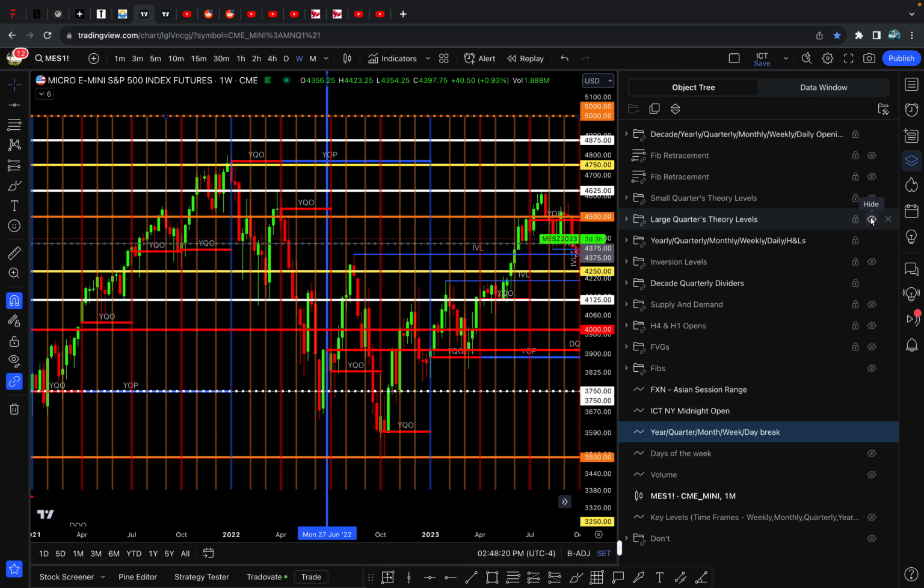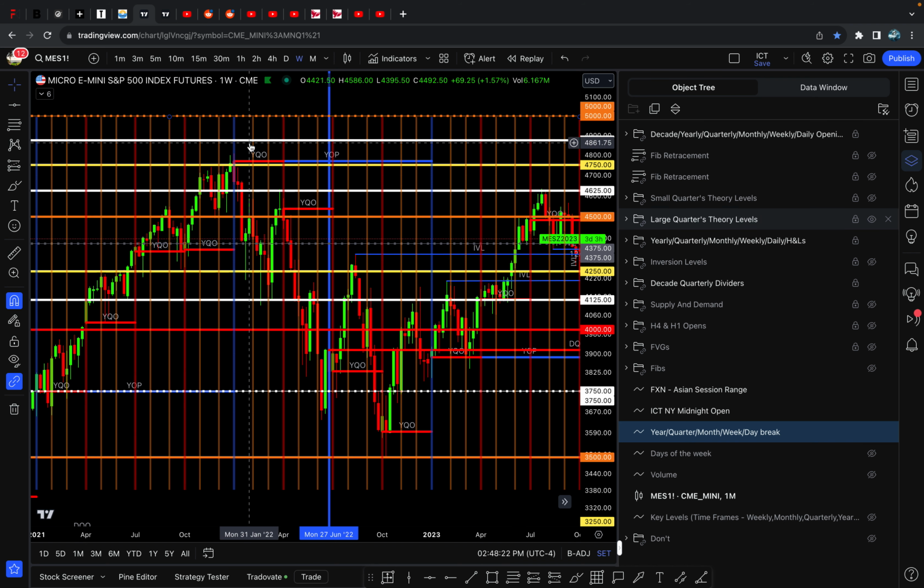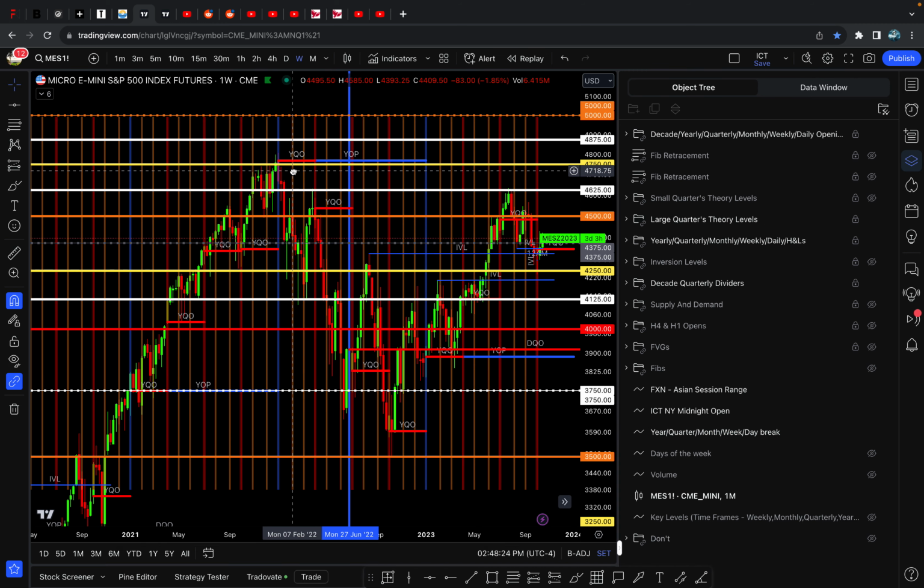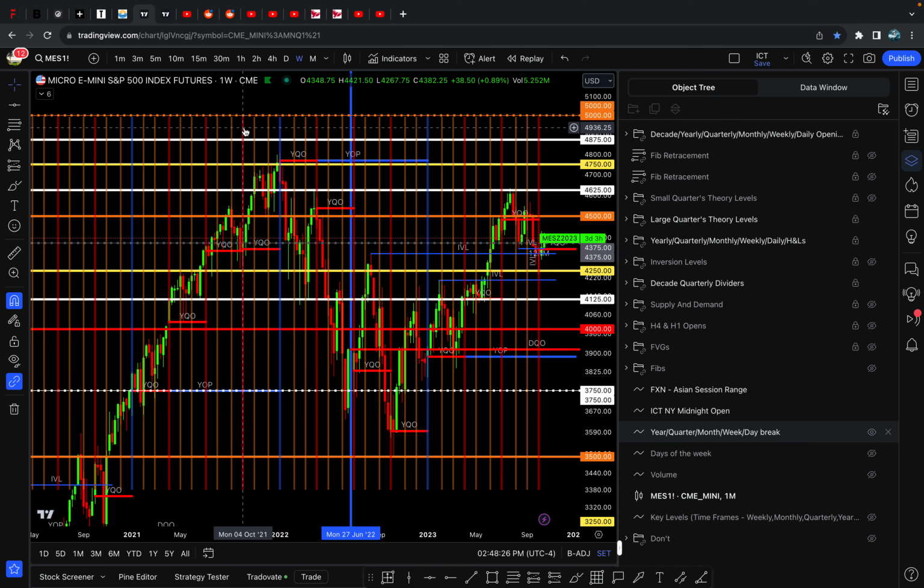So we actually have this level up here, as you can see, 50,000. Forget about the decimals. We're not doing mathematics here. Not that we're not doing math. I like math because numbers don't lie.